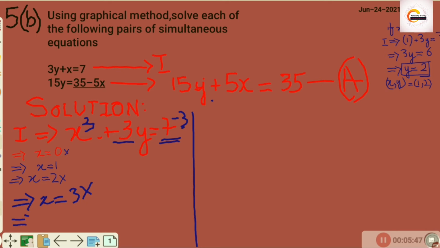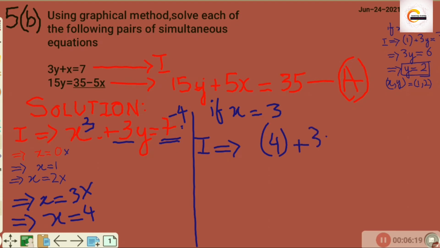Let's see, x is equal to 4. 7 minus 4 will be 3, and 3 is completely divisible by our coefficient 3. So if x is equal to 4, then equation 1 will be 4 plus 3y is equal to 7.